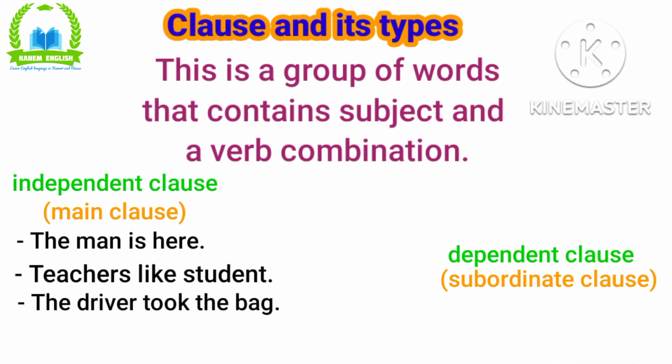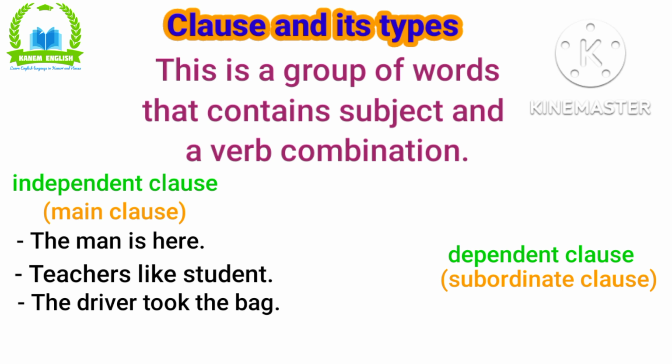"The driver took the bag." So the driver is the subject, took is the verb. All three examples I gave are main clauses because they can convey meaning. Anyone can understand them because they have complete meaning.